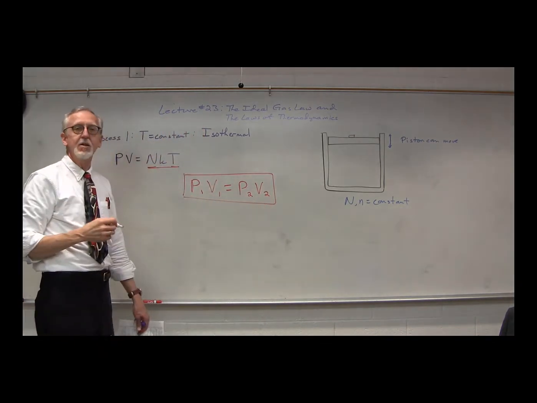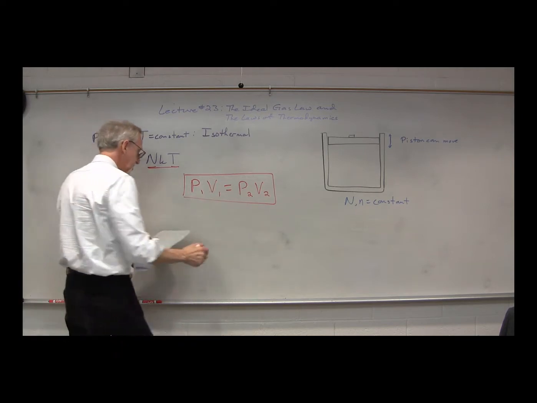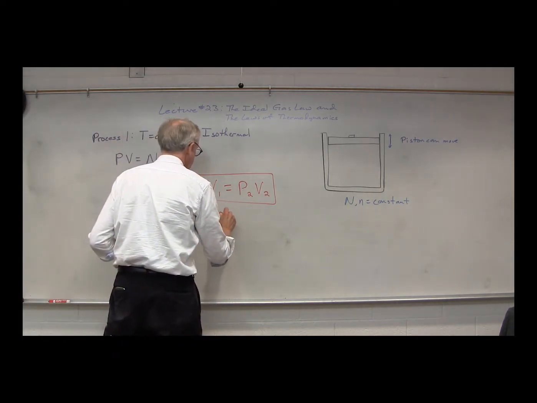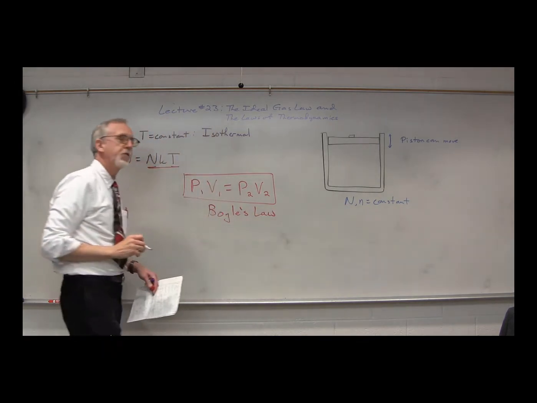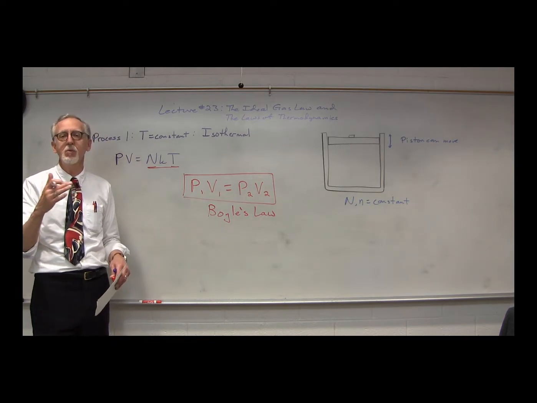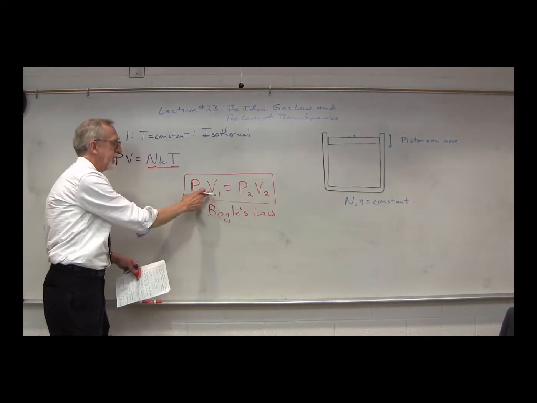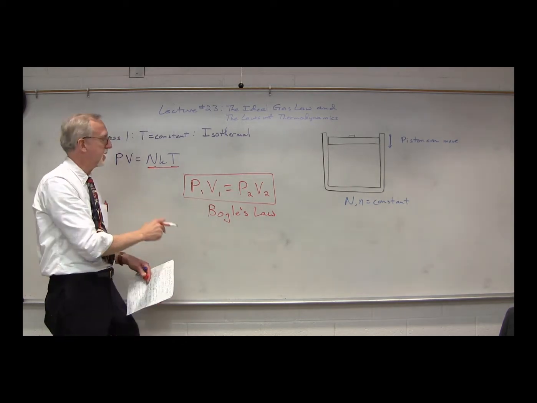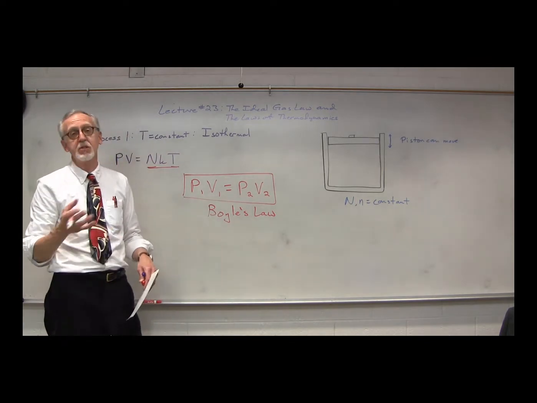So this condition must be true for an isothermal process. This is called Boyle's law. So for an isothermal process, P1 V1 equals P2 V2, where you can think of P1 and V1 as the initial pressure and the initial volume, and P2 and V2 as the final pressure and the final volume, respectively.